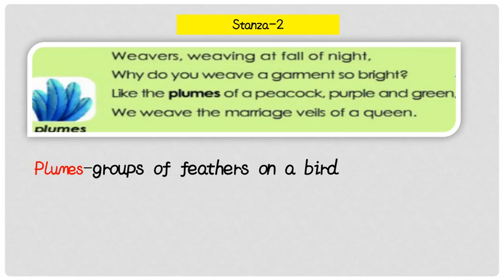After that, the weaver replied to Sarojini Naidu: we weave the marriage veils of a queen. What did the weaver say? We are weaving these clothes for the queen, or the girl who is going to marry.